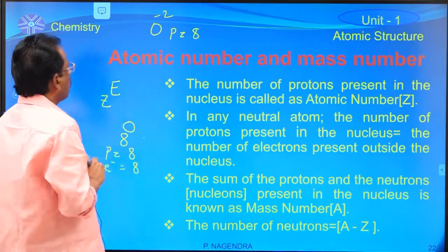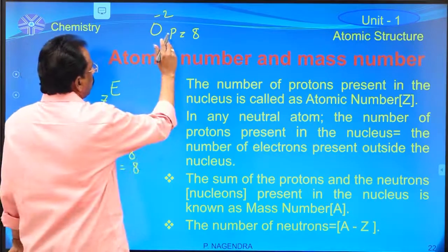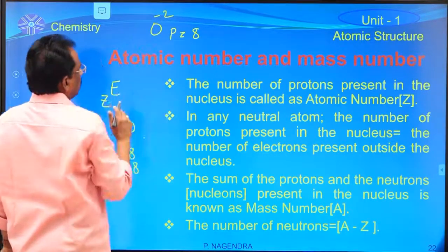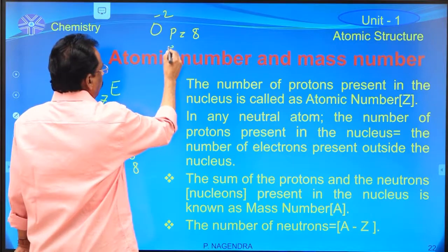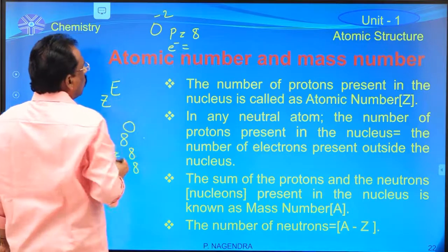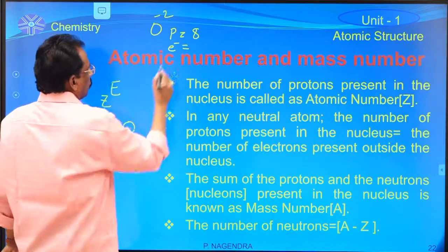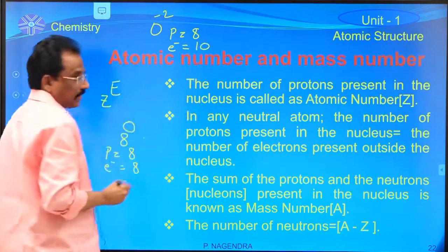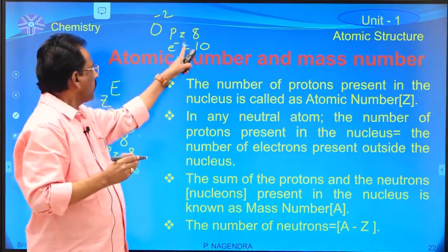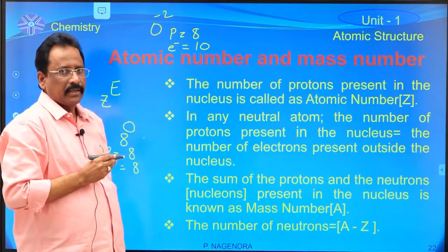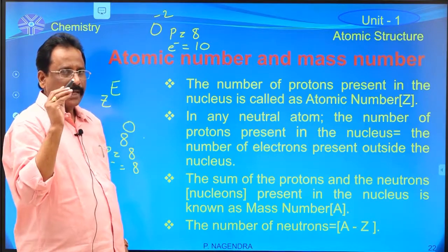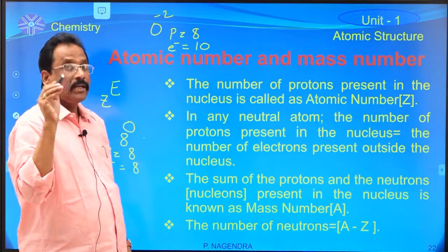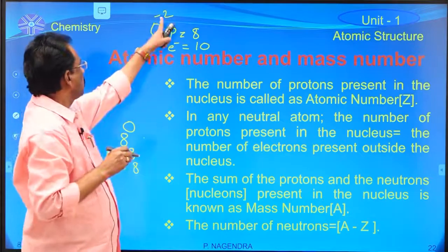That's why in O minus 2, the number of protons is equal to 8, but the number of electrons present in O minus 2 is equal to 10. This is plus 8 and minus 10. By adding these two, minus 2. That's why charge is minus 2.